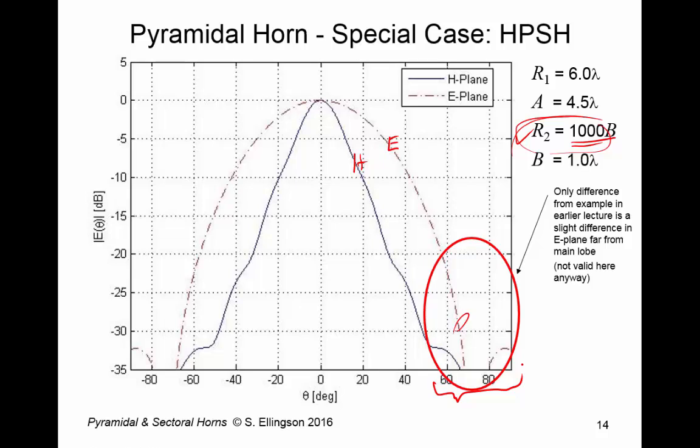Remember, the aperture integration equations that we're using are not expected to be very good at angles which are far from broadside to the aperture. So we're not too concerned about this difference. The important thing is around here, the results agree very, very closely, which validates our pyramidal horn expressions.